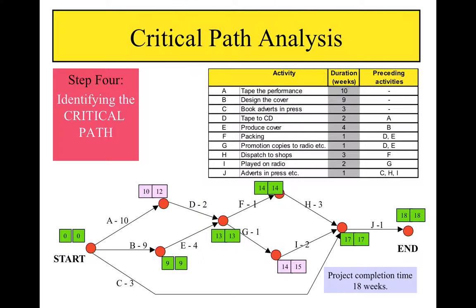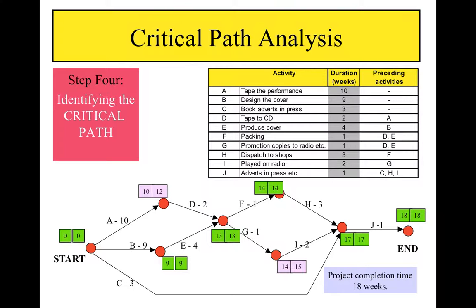At other points in the diagram, the two times are the same. Any delays to activities at these points will cause the whole project to be delayed. The critical path is the chain of activities which pass through these nodes.